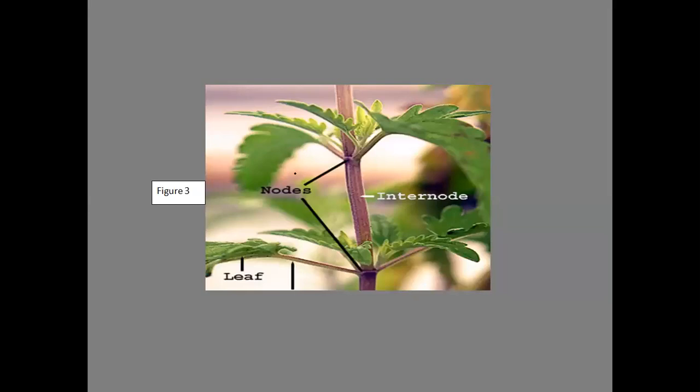This figure 3 is a general description of the stem. You can see here this is the delicate stem. This is a node, the area from which leaves arise. This is one node, this is another node, and the region between two nodes is known as the internode.